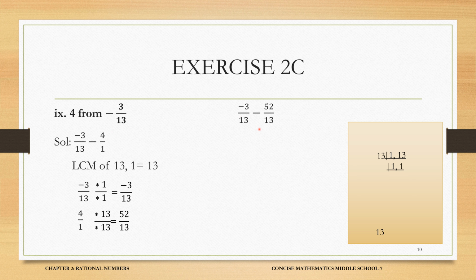So this is what we get, and here plus and minus. So plus into minus will be minus. So you can write it down as minus 3 minus 52 by 13. When both are having minus sign, just put a minus sign and add them. It becomes minus 55 by 13. I hope you understood this.